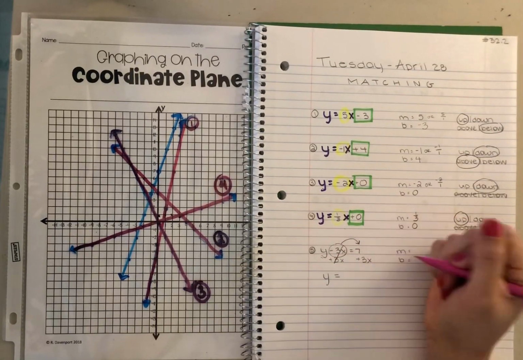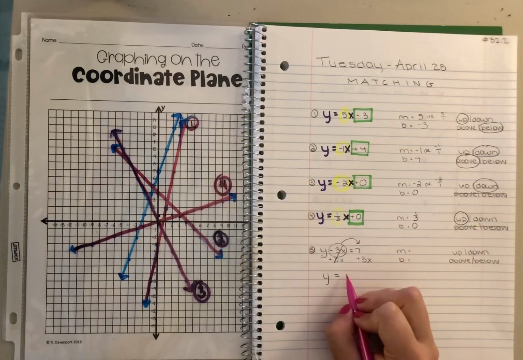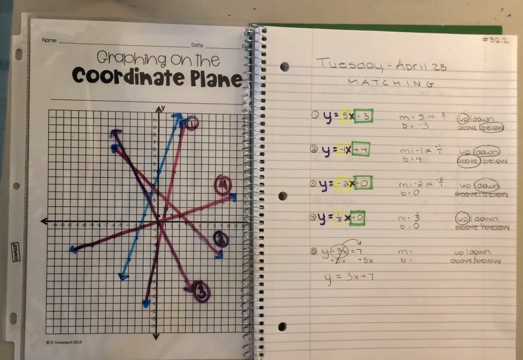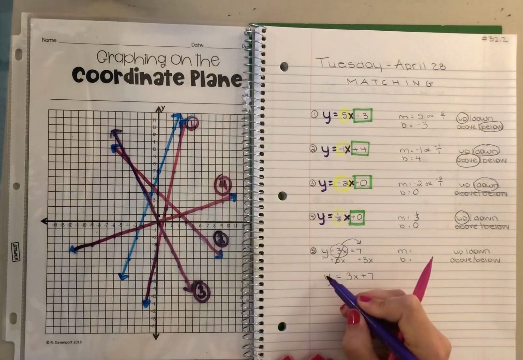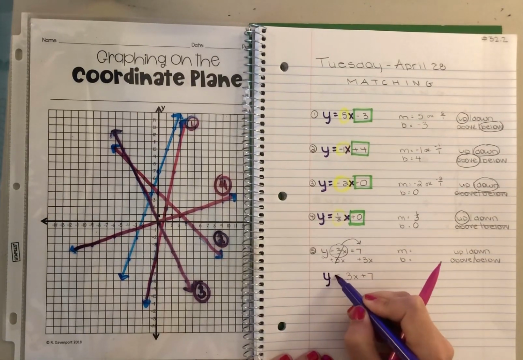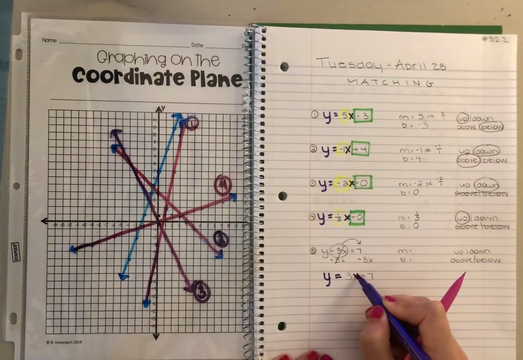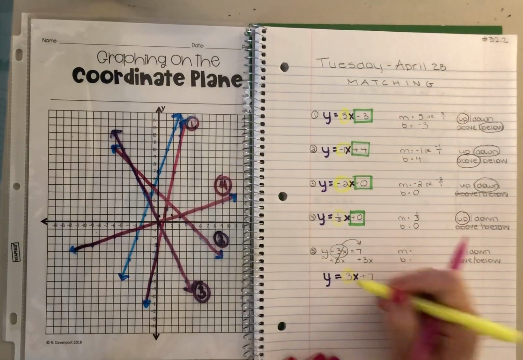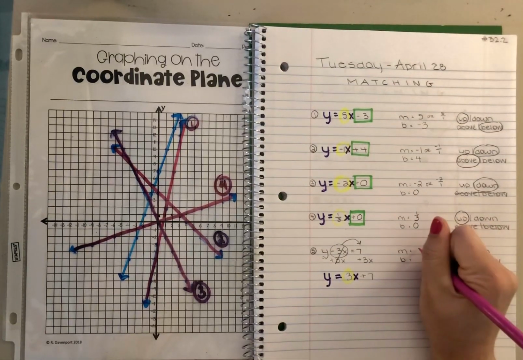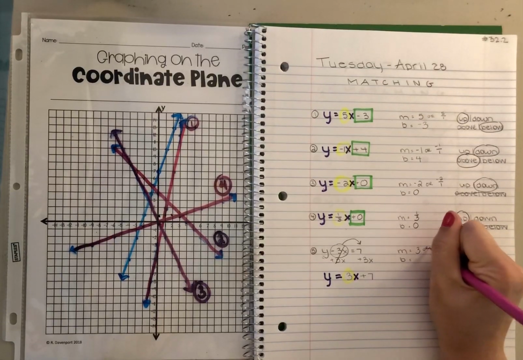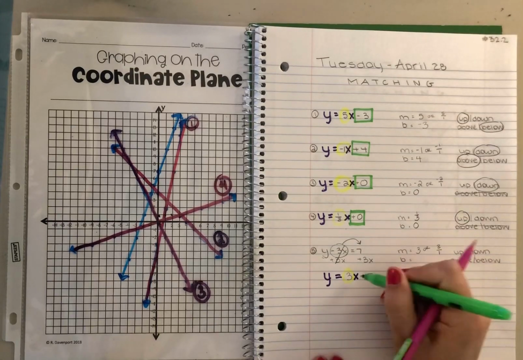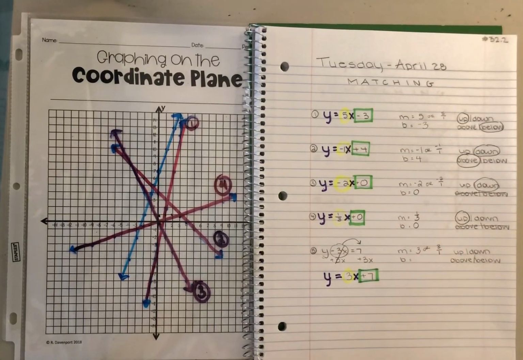These will not combine because they're not like terms. So I'm just going to rewrite it as 3x plus 7. Now you'll notice that we have y equals a number times x plus a number. So now it's in slope-intercept form where I can identify my slope as 3 or as 3 over 1 for graphing, and my intercept as positive 7.